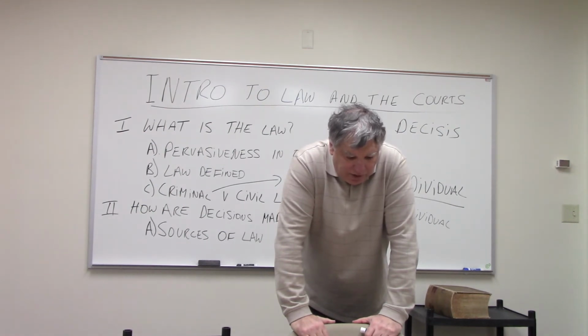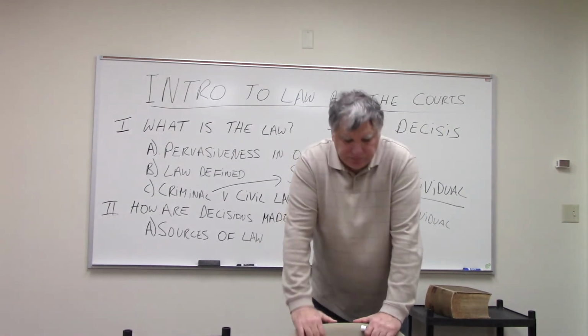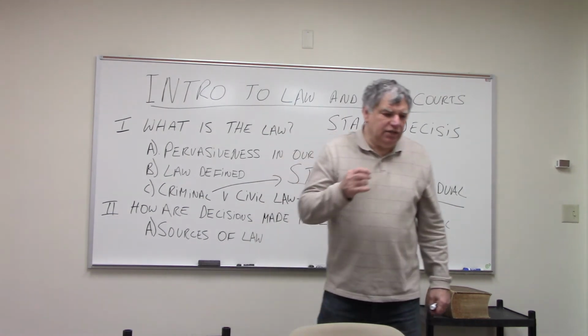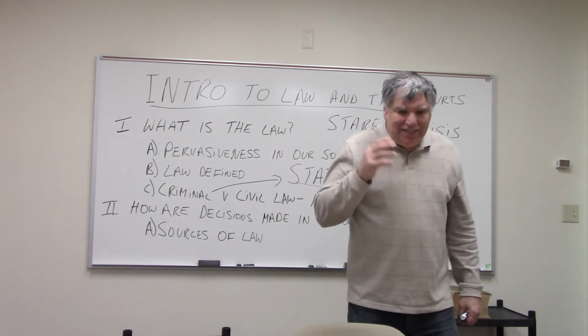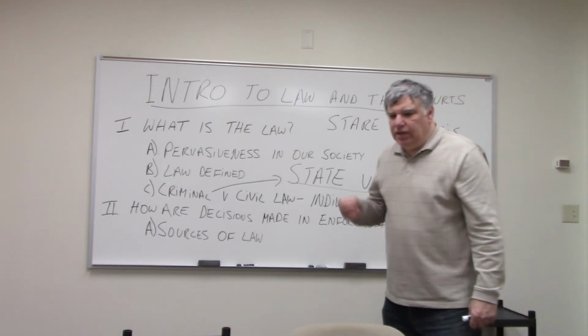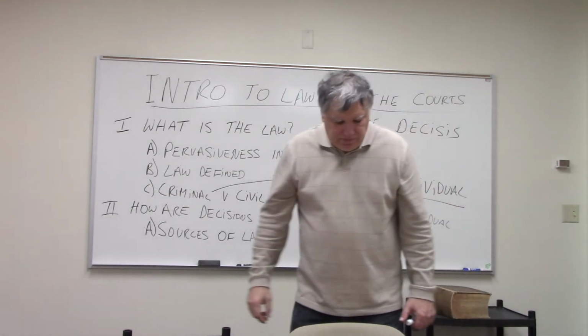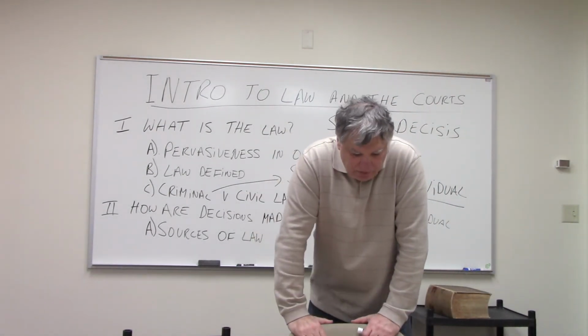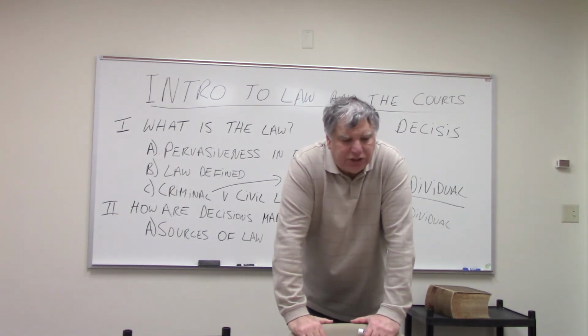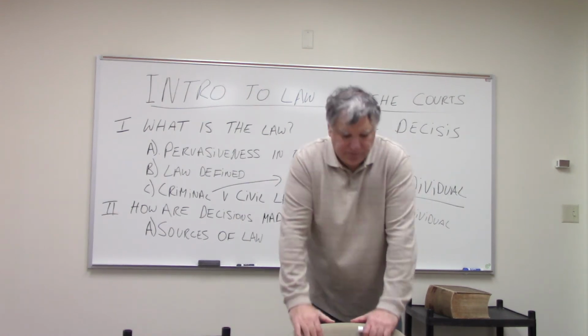So when we talk about federal court jurisdiction, what we see is there's three types of issues that can go to federal courts. First, what we call federal question jurisdiction, or subject matter jurisdiction.